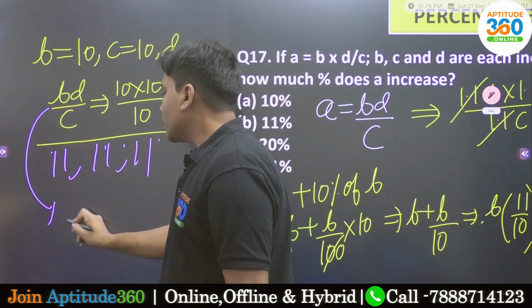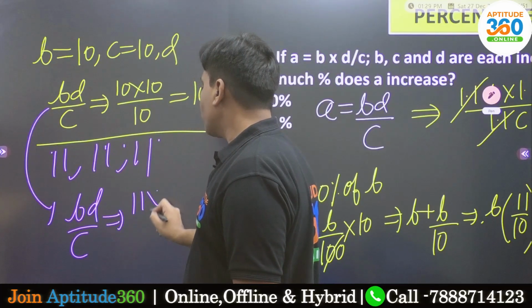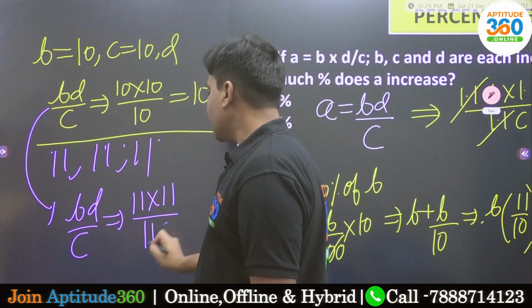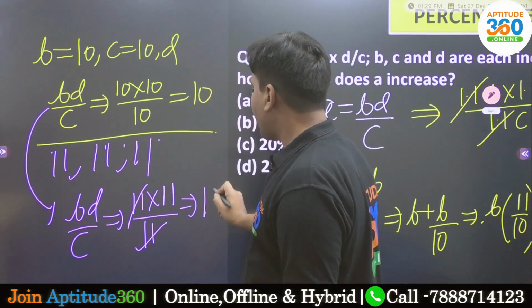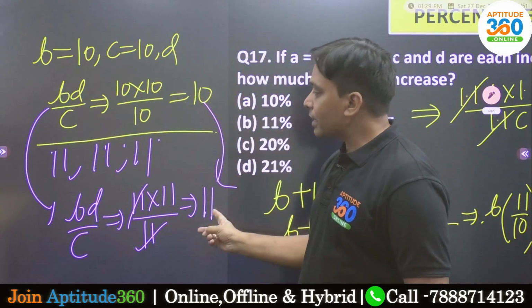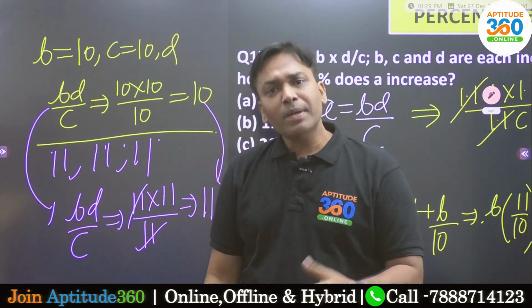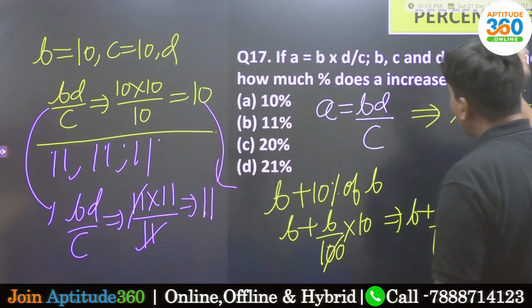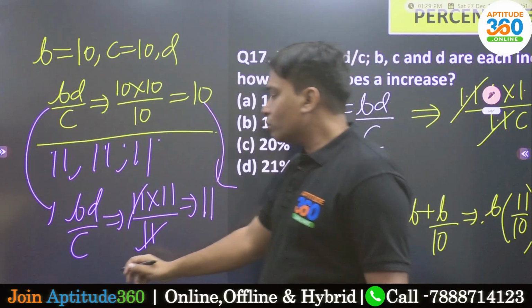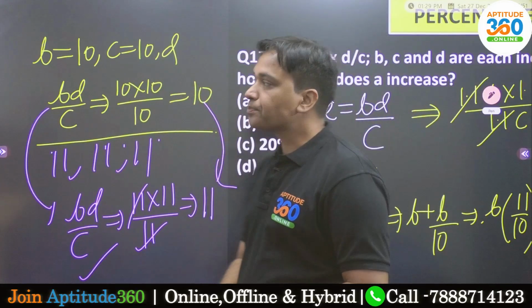If you want to find the new value of BD upon C, it will be 11 into 11 into 11, and the final value is 11. Earlier it was 10, now it is 11. It is increasing by 1. So by what percent will it increase? It will increase by 10%. So either you do it all or you do it this way. You get the same number, isn't it?